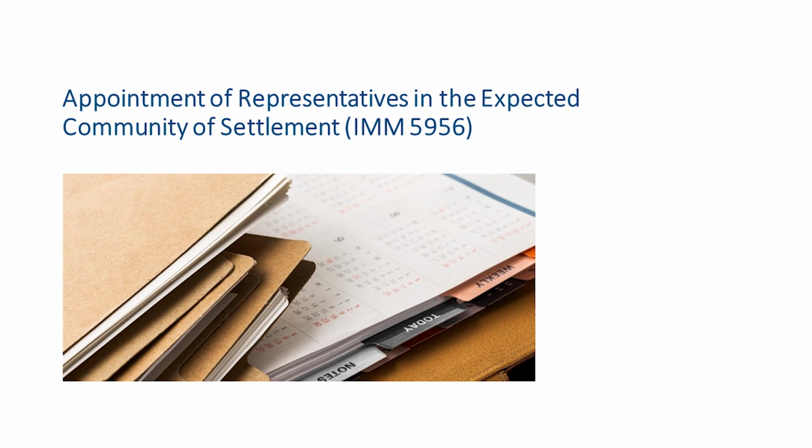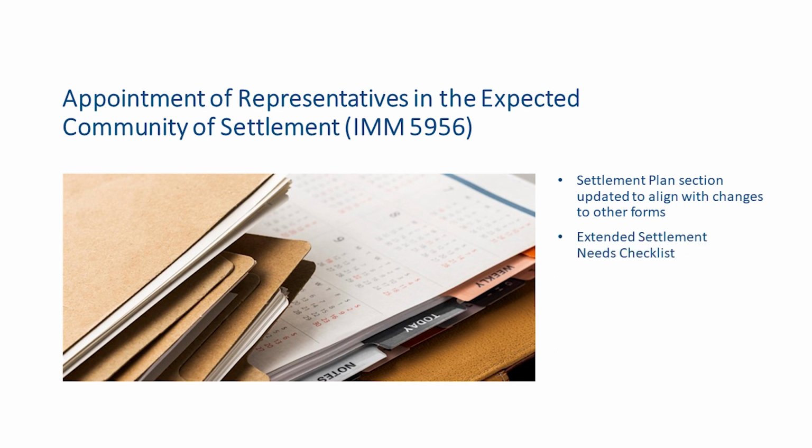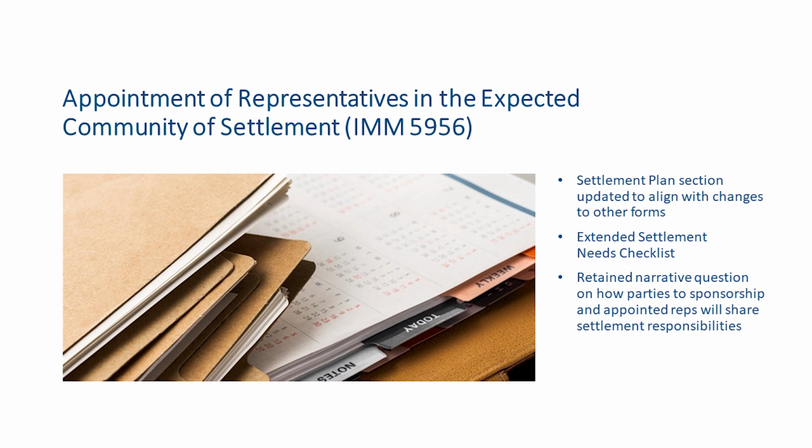In keeping with the updates made to other forms, the revised version continues to include the settlement needs checklist, but narrative questions have been removed, and much of the information that you would have put in the narrative is now answered in the settlement needs. So this ensures clarity and accountability in the sponsorship process. And like the other forms, these forms can be signed digitally as well, which we will talk about in a few minutes.